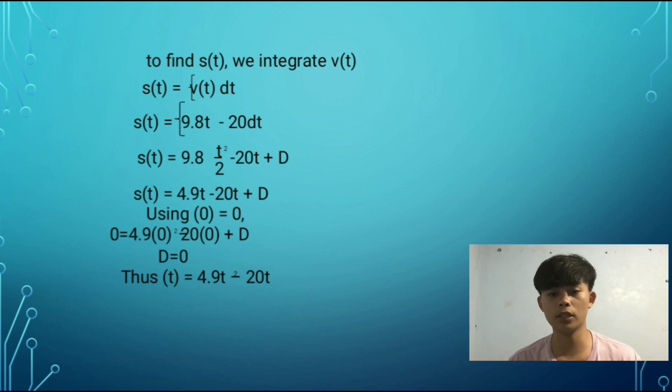Using s(0) equals 0: 0 equals 4.9 times 0 minus 20 times 0 plus d, d equals 0, thus s(t) equals 4.9t² minus 20t.